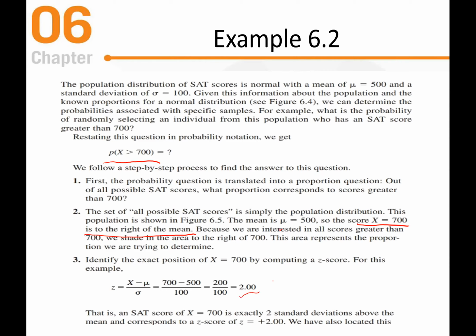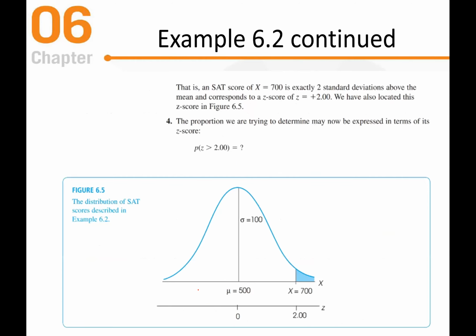An SAT score of 700 is exactly 2 standard deviations above the mean, and that corresponds to a z-score of 2.